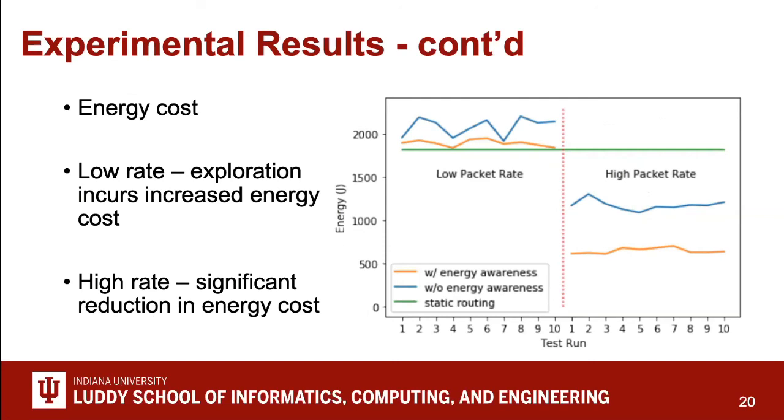This exploration allows it to choose non-optimal routes just to see if there's potentially something else that can be learned. So this exploration actually comes at a higher cost. But as you see, when you get into the higher packet rate, energy consumption is drastically reduced using our algorithm by as much as 2/3 of the energy cost. So this was a significant finding for us.